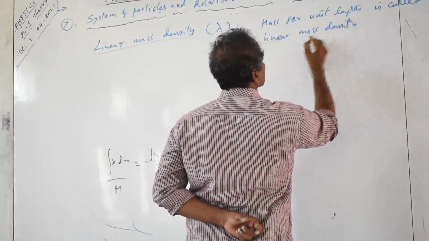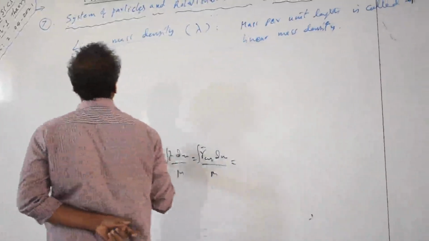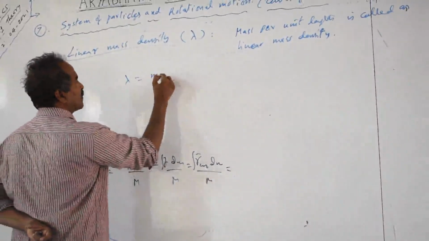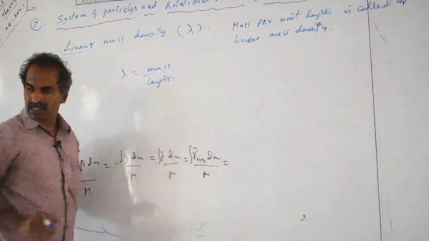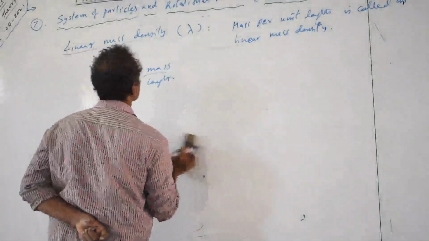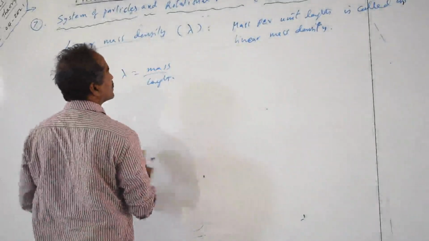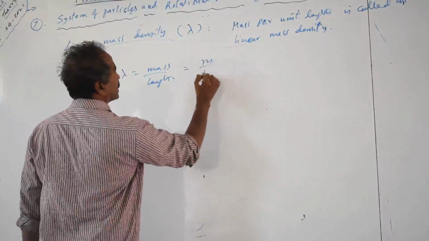The word mass they may not give in the first topics; they may say linear density only. Therefore lambda is equal to mass by length. It is for one-dimensional distribution of mass, along the length. It is for rods. We can take the symbol as m by l.